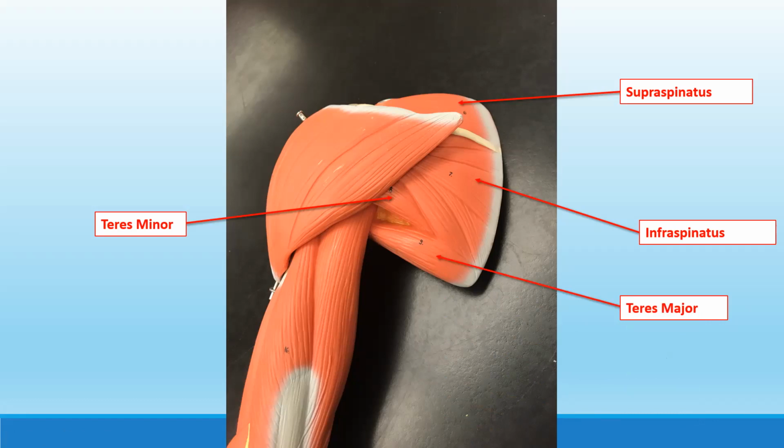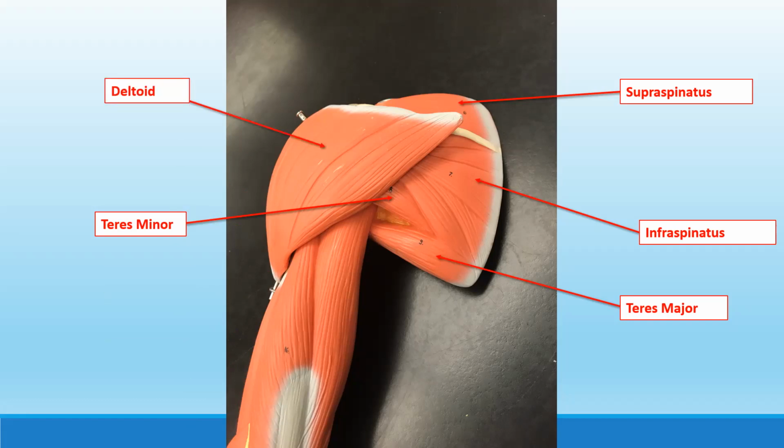Now, all four rotator cuff muscles originate on the scapula, and the one you can't see is the subscapularis on the other side. Their origin is the scapula. They all insert on the head of the humerus, and their action is to allow the head of the humerus to articulate at the glenoid fossa.